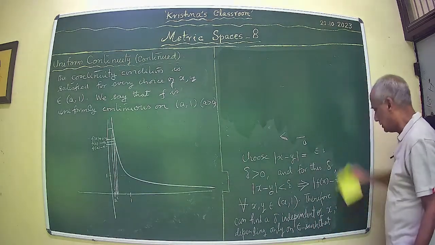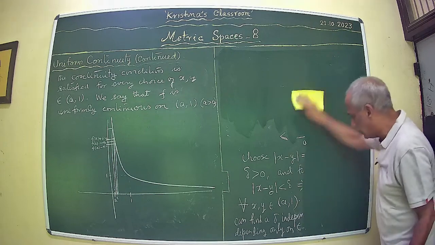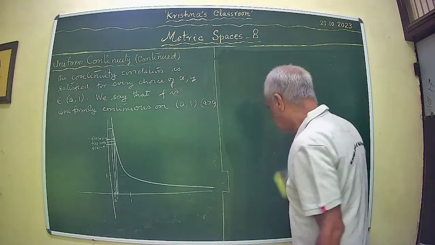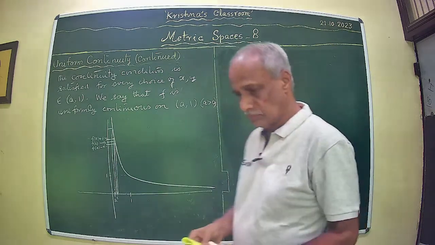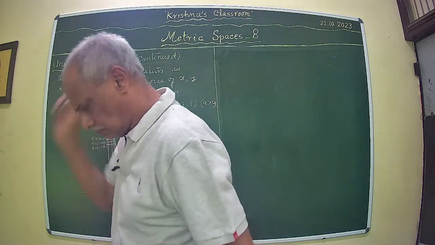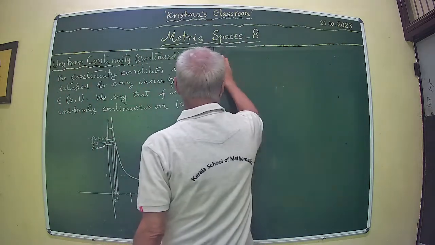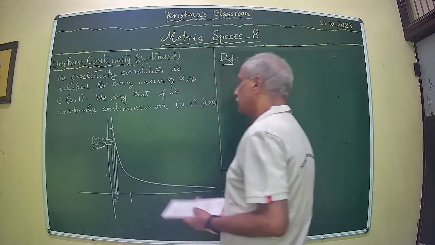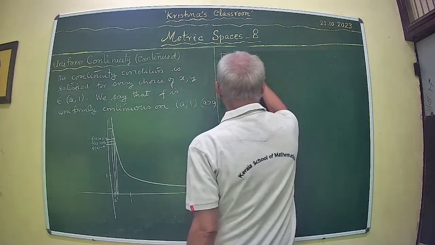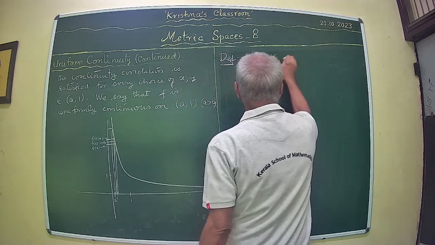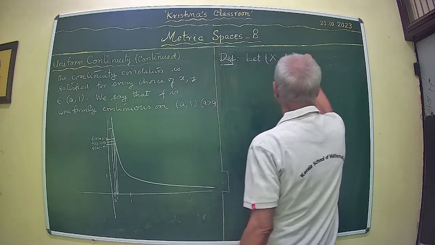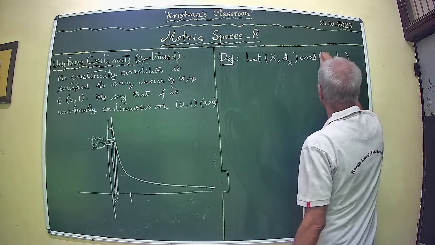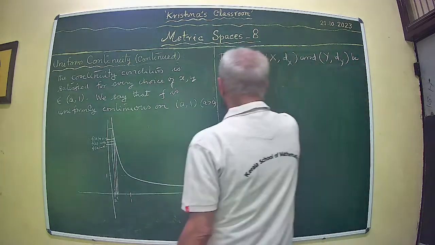So this is an example which throws a lot of insight into the problem. So, definition. Let X and Y be metric spaces.